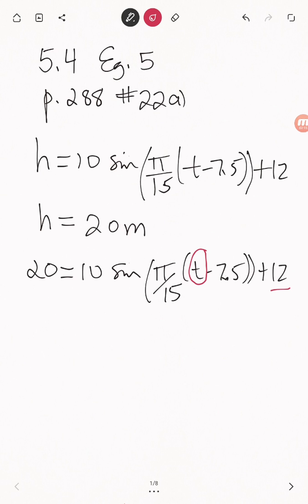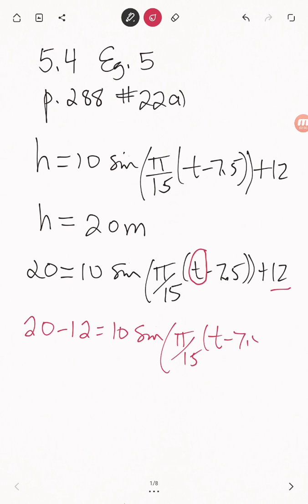So we need to start with this 12. We can move that over to the other side and subtract it from 20. So I'm doing that now. Then you need to ask yourself, what is the next thing that is the furthest away from t on the right side of the equation? That would be the 10.